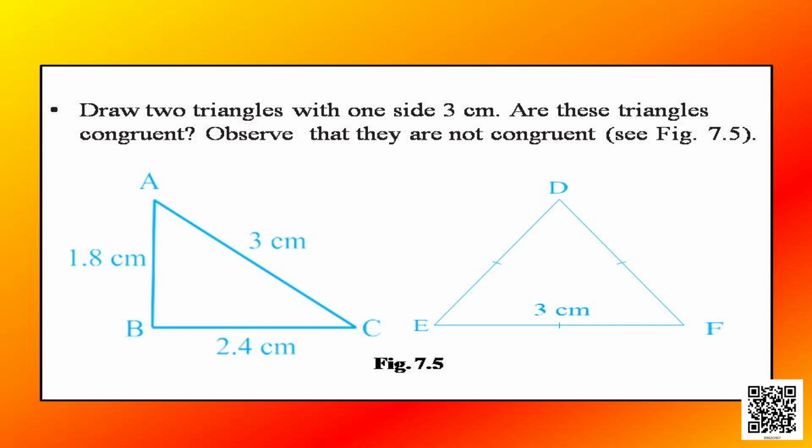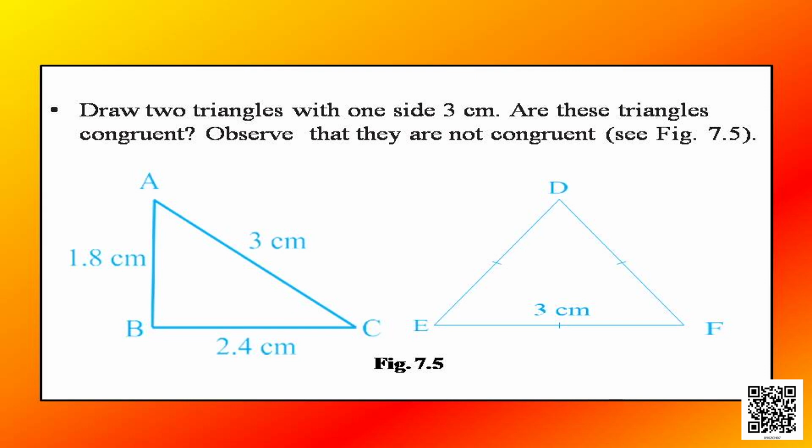Okay. It is given that two triangles ABC and DEF. What about the base side? Side BC and side EF. BC is having measurement 2.4 cm and EF is measuring 3 cm.